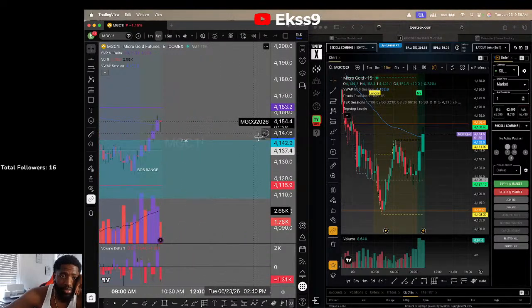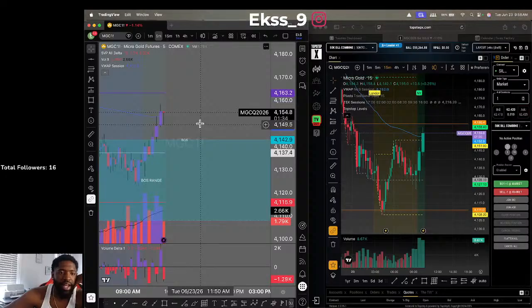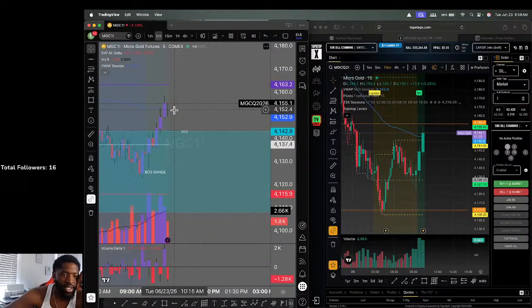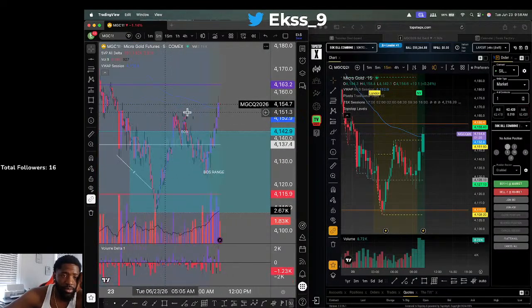But it looks like we have some indecision at this level, right? The body is getting skinny and we're seeing a long wick. So price wants to go down here, but there's still buying pressure here that wants to push price up.